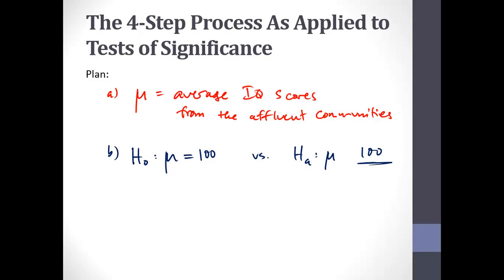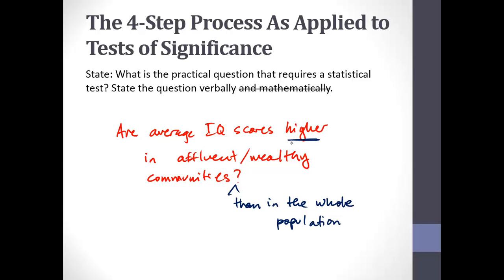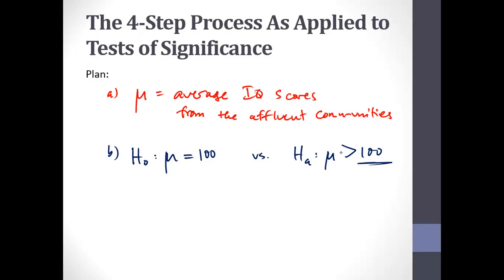And then what inequality sign do I want to put in my alternative hypothesis? Less than, greater than, or not equal to? Greater than, right? Because my question here says our average IQ score is higher. So I don't care if they're lower. I just want to see if they are higher. So I'm going to put that mu is greater than 100.